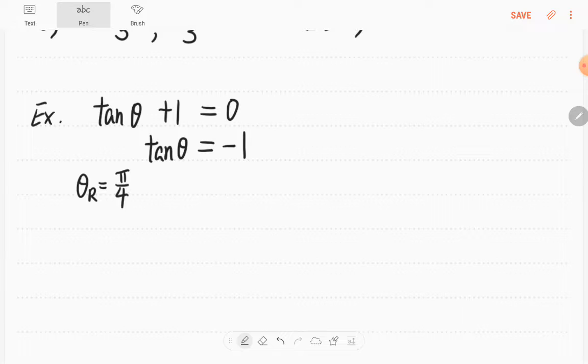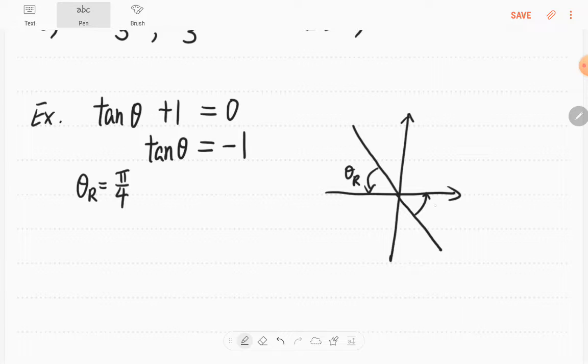So pi over 4, so we have tangent is -1, so it should be in the second and the third and the fourth quadrant, right? So it should be here and here. This is the reference angle for this angle, which is pi over 4, and for this terminal side, this is the reference angle, pi over 4, right?